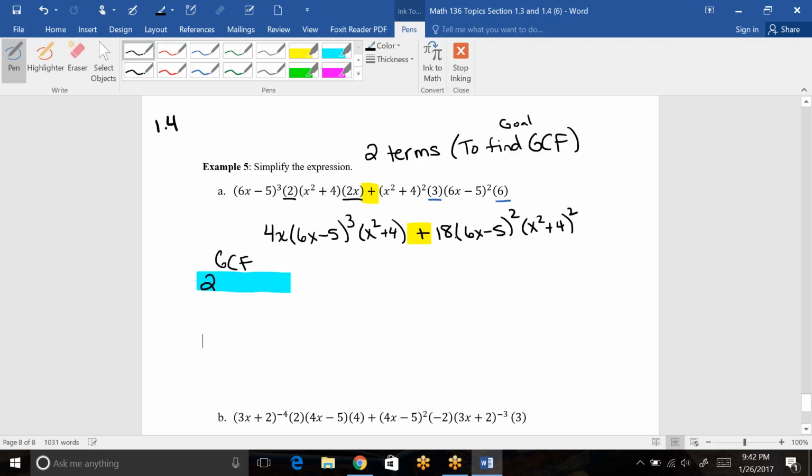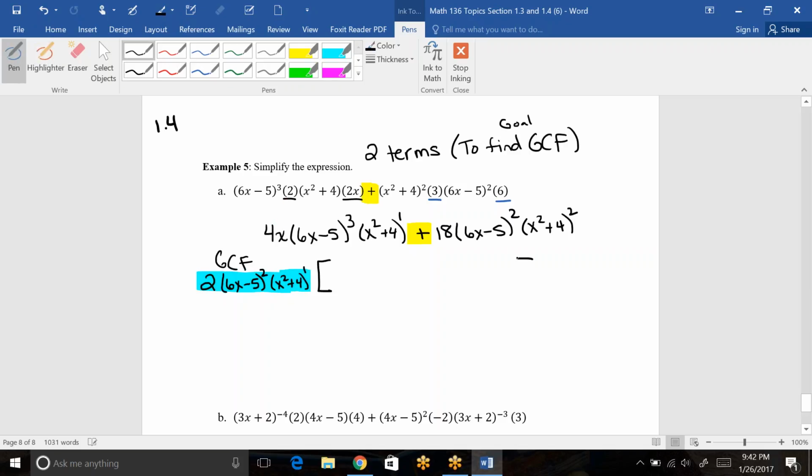They do not both have a singular x out front, so I cannot pull the x out. For the 6x minus 5s, I have 3 in the first one and 2 in the second one. So I'm going to pull out 6x minus 5 squared because that's what they have in common. This guy is to the first power, so for this matching piece, we only have 1 in common. So I'll pull out an x squared plus 4 to the first. So there, that is my GCF.